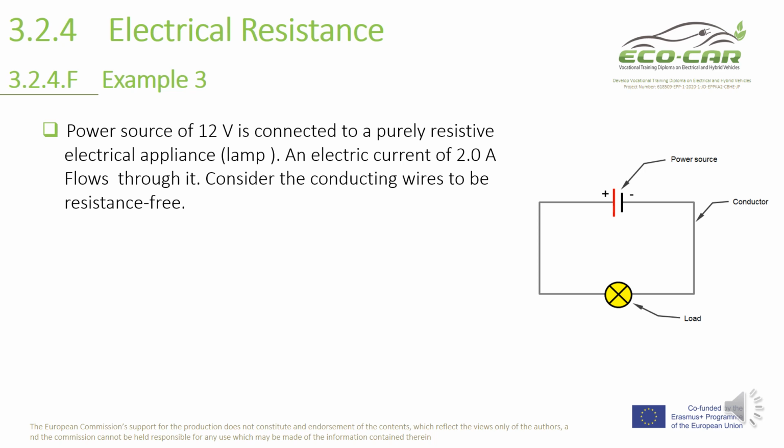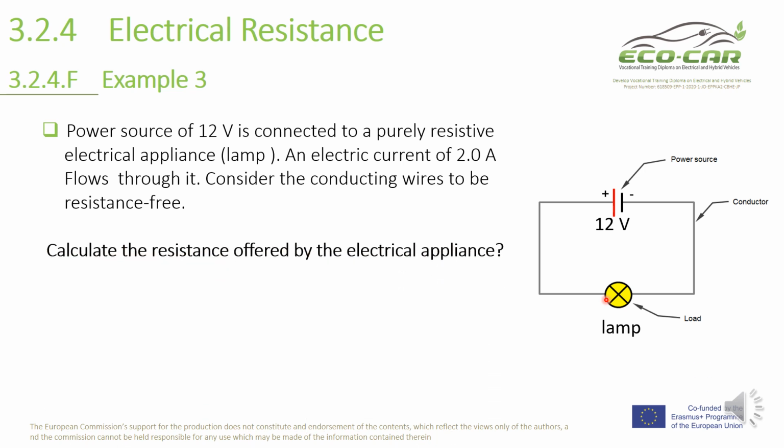Here is a circuit with power source and conductor and a light, 12 volt. We have a lamp, for example. So calculate the resistance offered by the electrical appliance. So what is the resistance of this lamp?